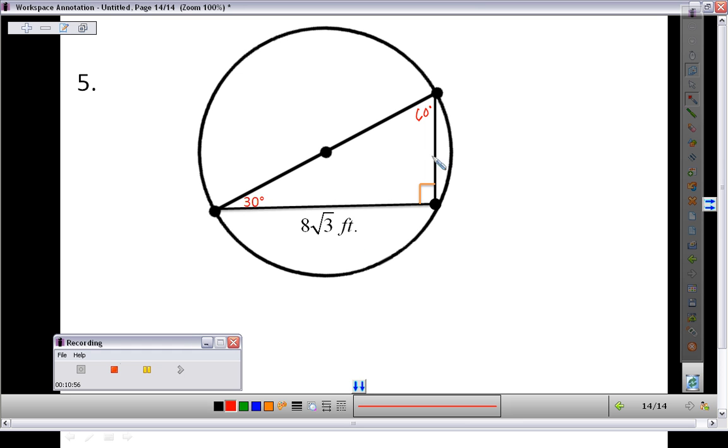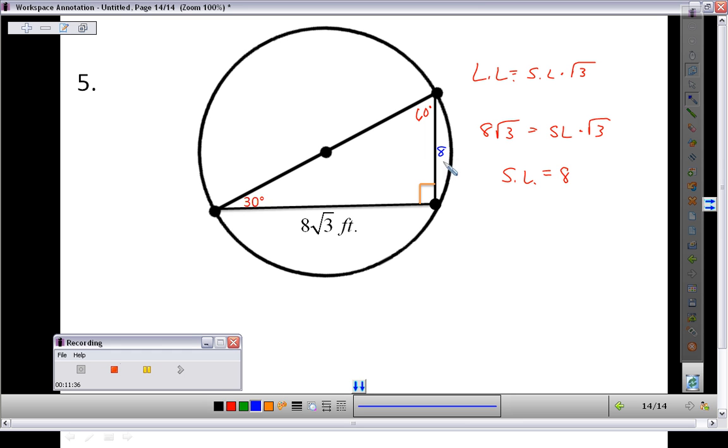Therefore, let's go from the long side to the short side. Our rule: long leg equals the short leg times radical 3. So 8 radical 3 equals the short leg times radical 3. I divide by radical 3. I get my short leg, which is this chord, equals 8.